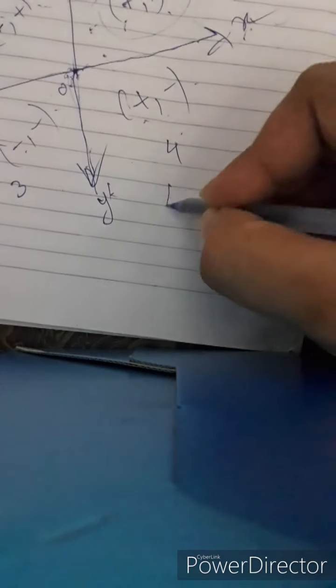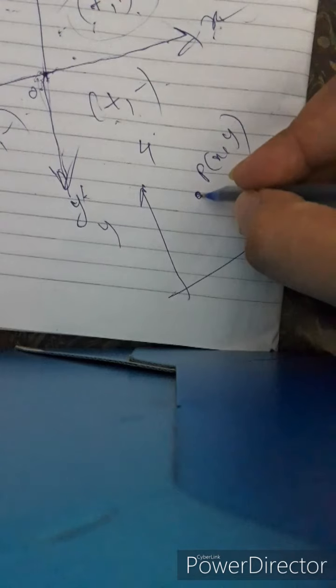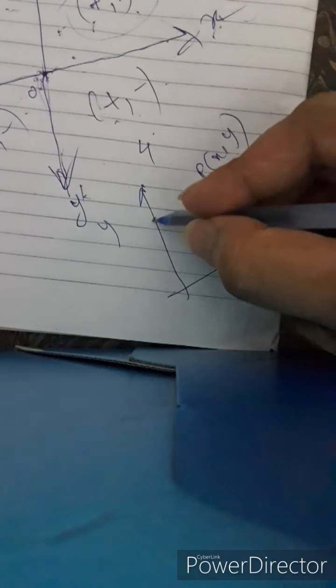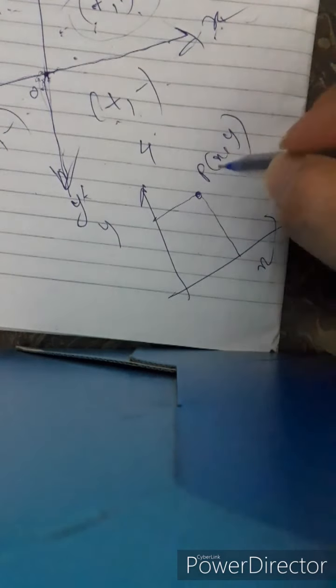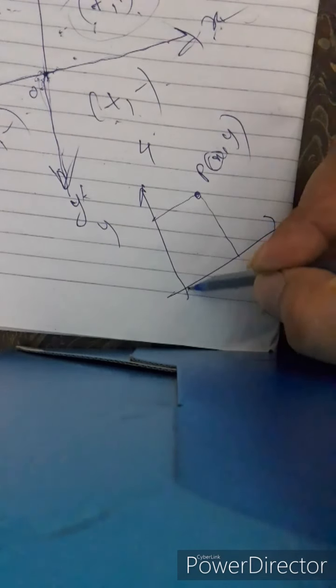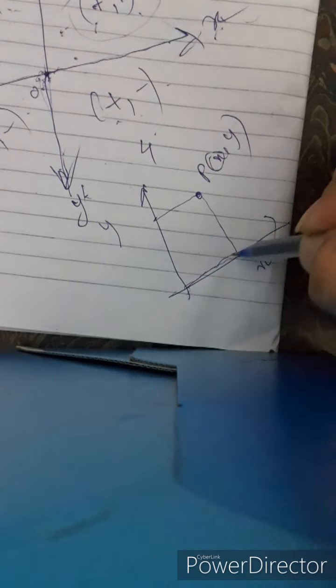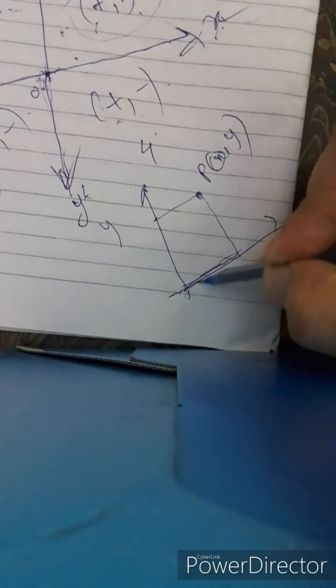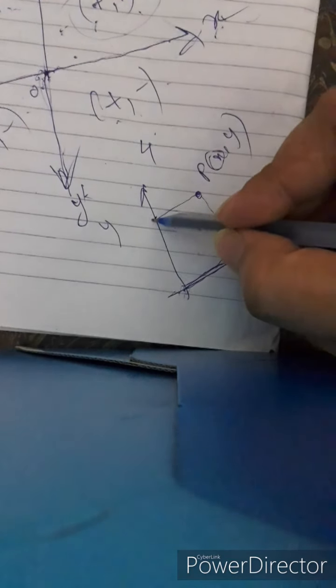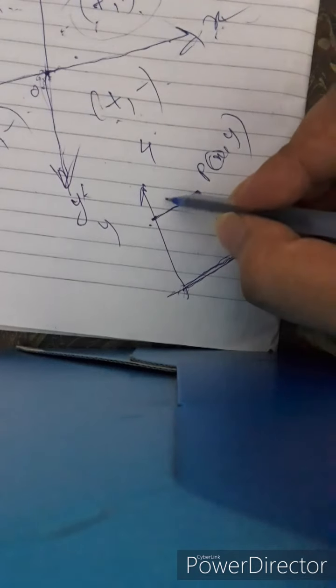If P(x, y) is a point, I'll just show you. Suppose this is the first quadrant, here is the x axis, this is the y axis, and P(x, y) is a point. You just have to remember that this x distance is measured on the x axis, and the distance is from the y axis.